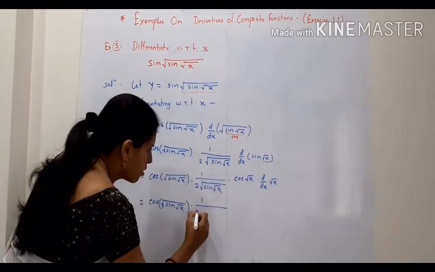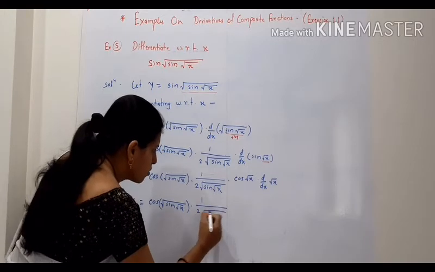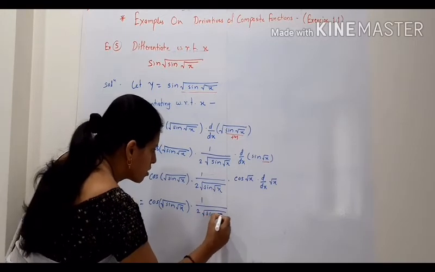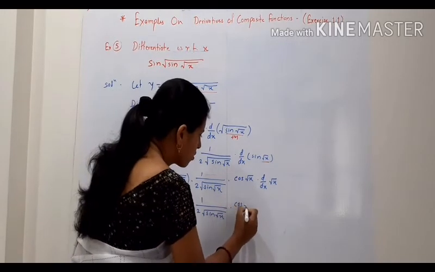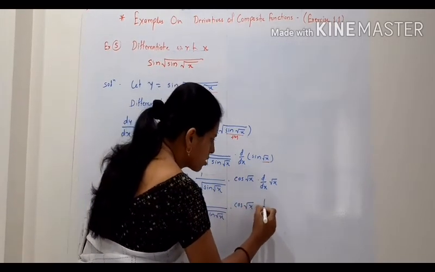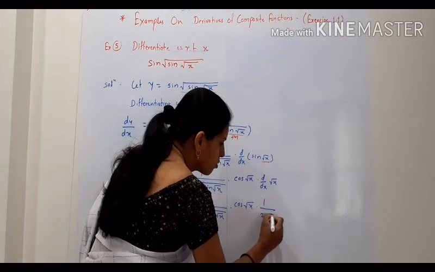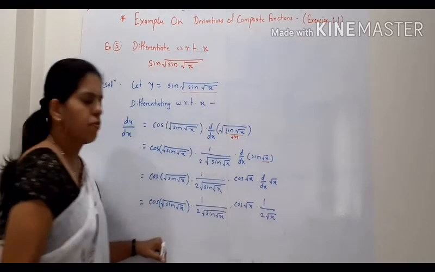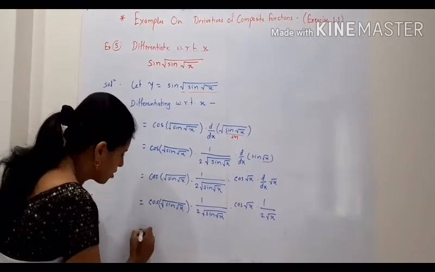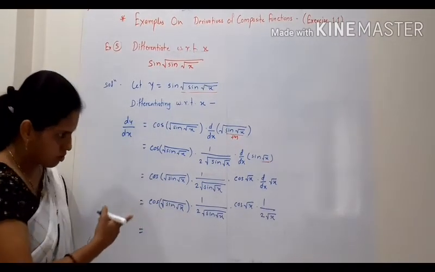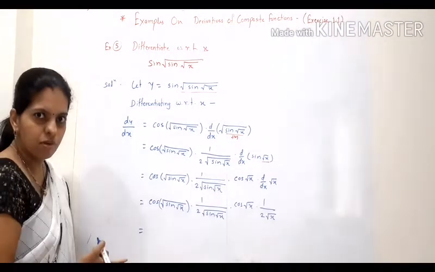Cos of root of sin of root x into 1 upon 2 root sin of root x into cos of root x as it is, into derivative of root x, the 1 upon 2 root x, that is equals to this. We can write this in the simplified form.